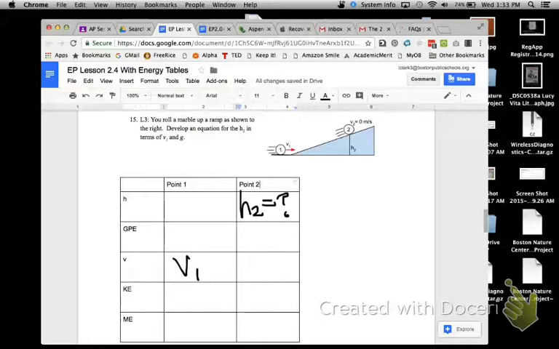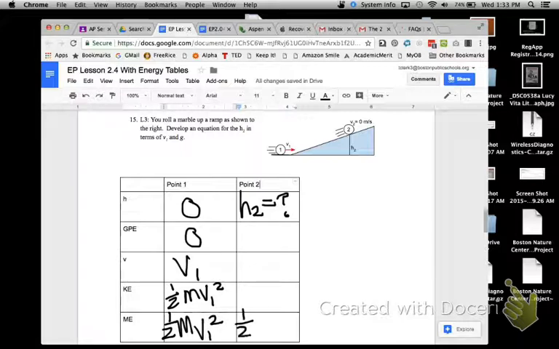Our height at point 1 is 0, so is our GPE. Our kinetic energy at point 1 is 1/2 mv1 squared. So our mechanical energy is this kinetic energy plus our GPE, so that's 1/2 mv1 squared.